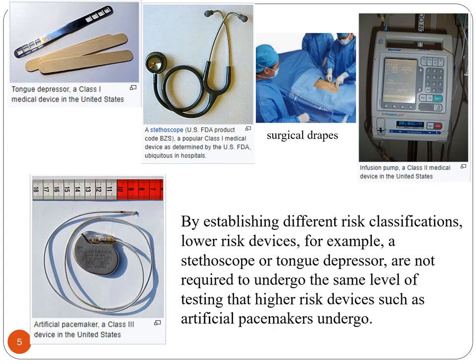By establishing different risk classifications, lower risk devices, for example a stethoscope or tongue depressor, are not required to undergo the same level of testing that higher risk devices such as artificial pacemakers undergo. So to approve class 3 devices, there is more restricted testing, because of their potential for harm or risk if they are misused or if there is some problem related to these medical devices.